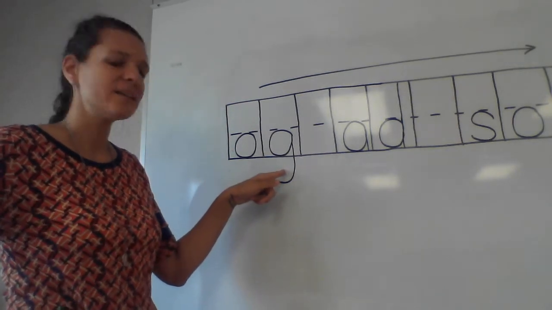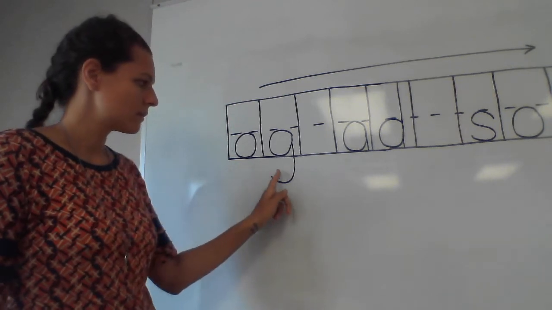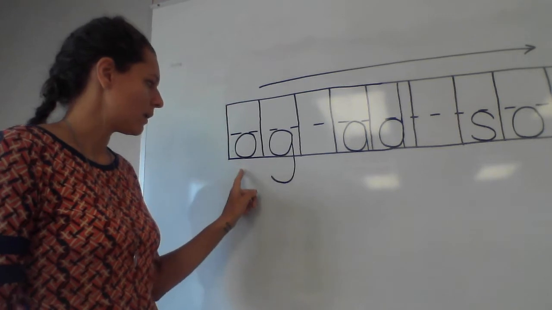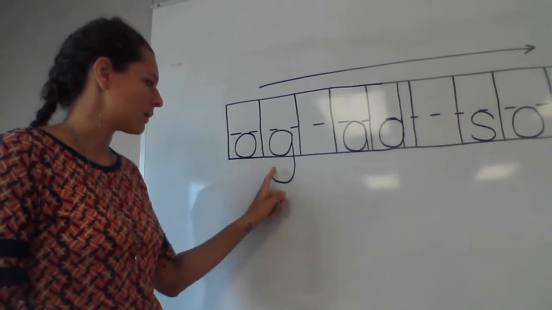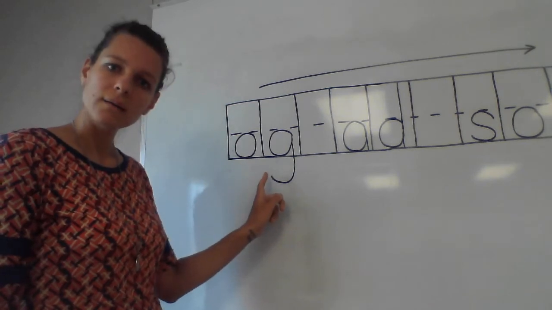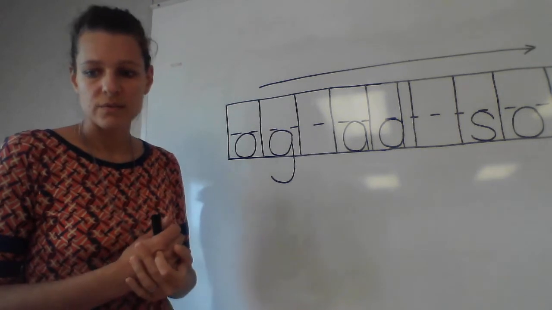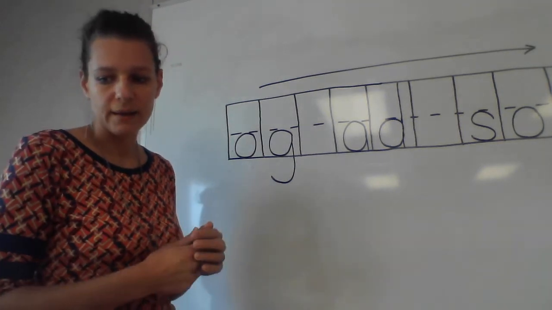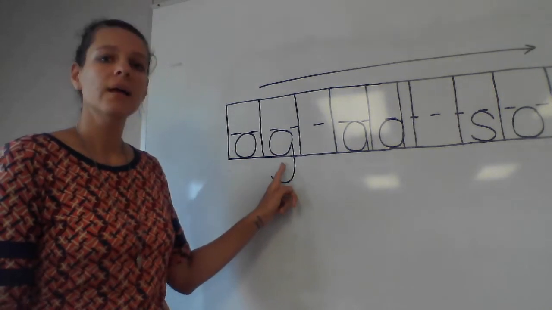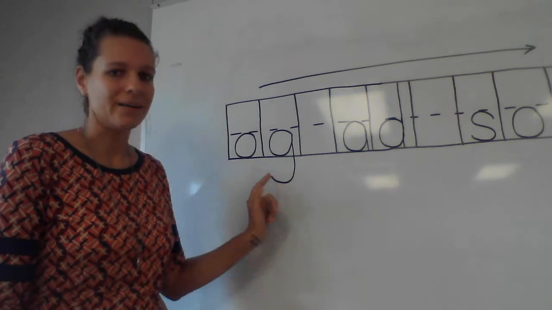Say the sounds a little faster. Right, so we could say aw, g, aw, g, og, og, og. So that was the first word that we read. When we're saying the sounds, we would say aw, g. To read the word, we put them together quickly and we say og.